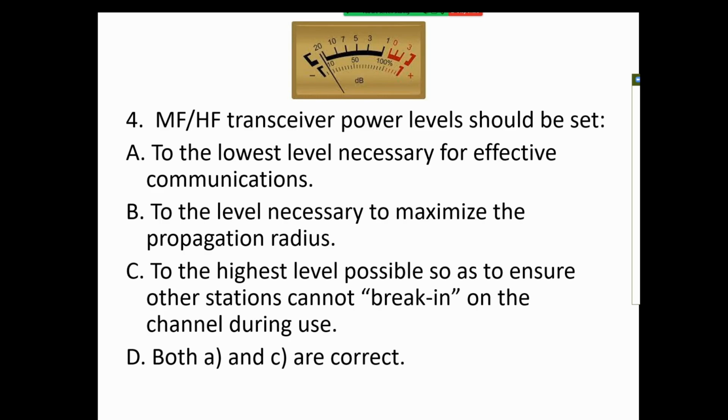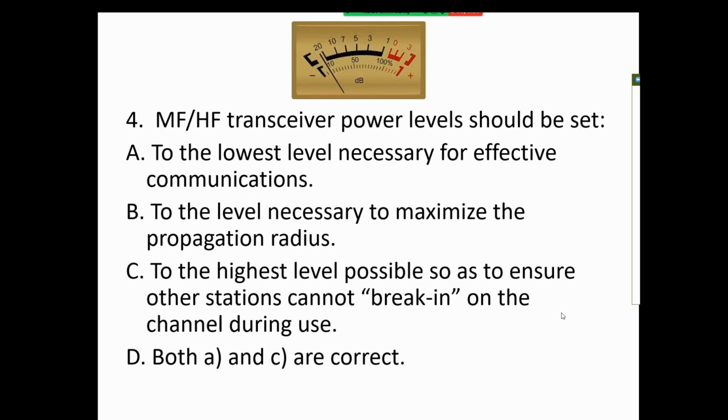Or do you set it to the level necessary to maximize your propagation radius, how far out you are actually transmitting? C, to the highest level possible so as to ensure other stations cannot break in on the channel during use? Or A and C? Oh, this section has some goofy options.